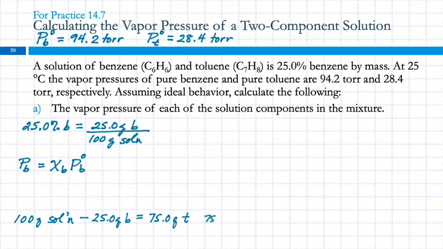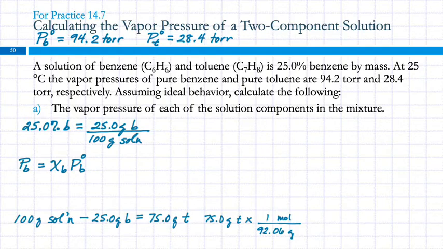So 75 grams of toluene, and the molar mass of toluene. Hey Siri, what's the molar mass of toluene? The answer I found is 92.064 atomic mass units.